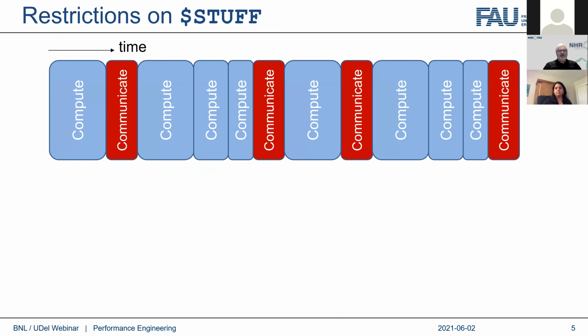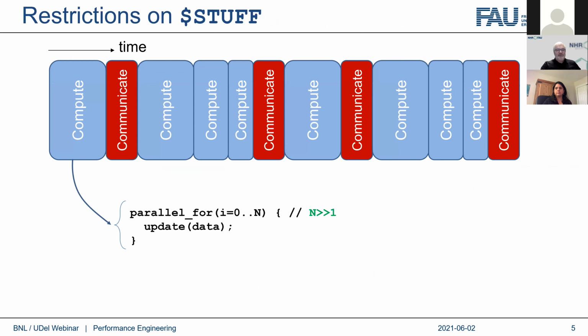Now, of course, we cannot model everything with that. The typical point of view we take towards running code is that we have alternating compute-communicate cycles. If we're on a single node, communication usually boils down to something like synchronization, like barriers or other synchronization constructs.